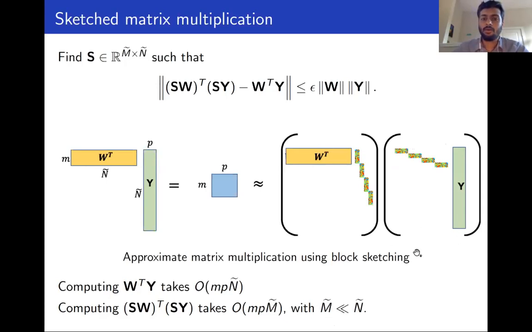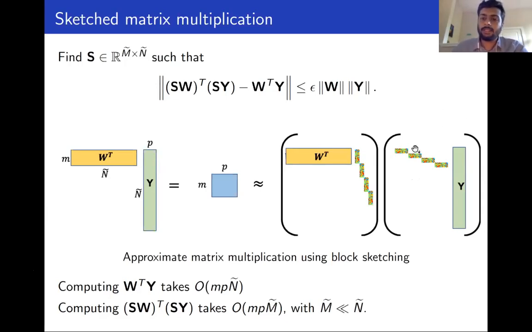If that time is as big as the time required to compute the original product, then there's no point in doing that. But there are methods that can compute this sketch very quickly, and we only need to do this once. We don't have to do it over and over again in iterative algorithms.